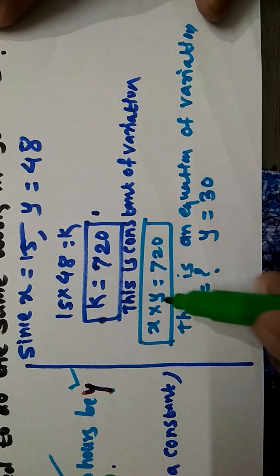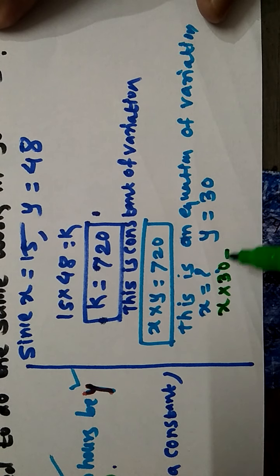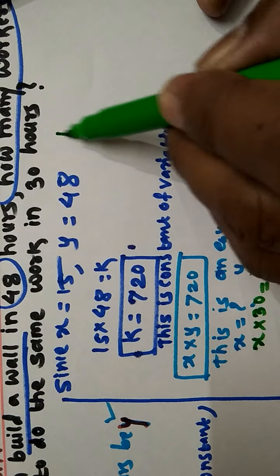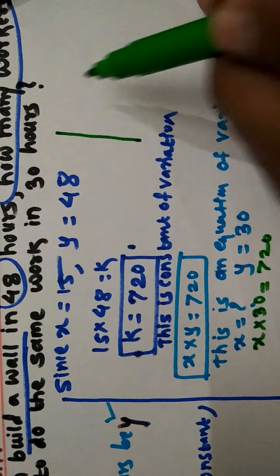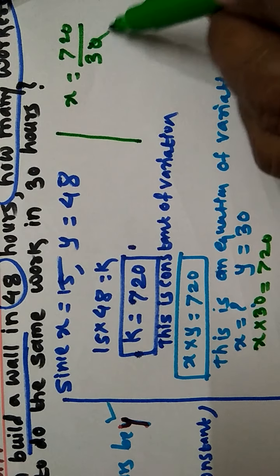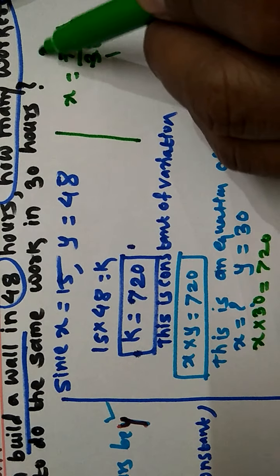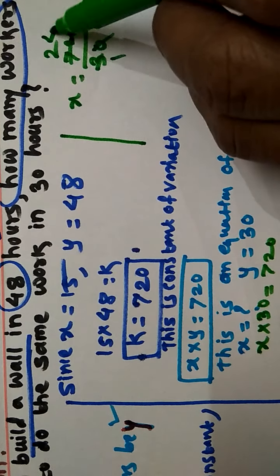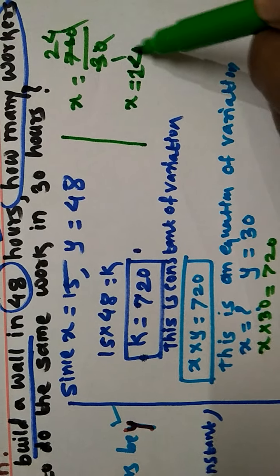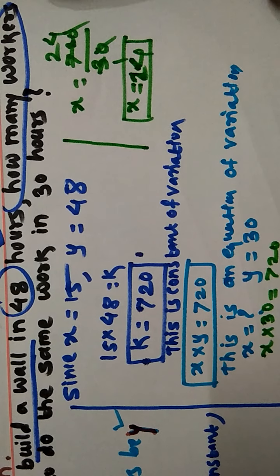Putting this value in the equation of variation, x into 30 is equal to 720. See again here, dividing 720 by 30, we get, this cancels, 3 1s are 3, 3 2s are 6, 3 4s are 12, means x is equal to 24. Now write the answer in words.